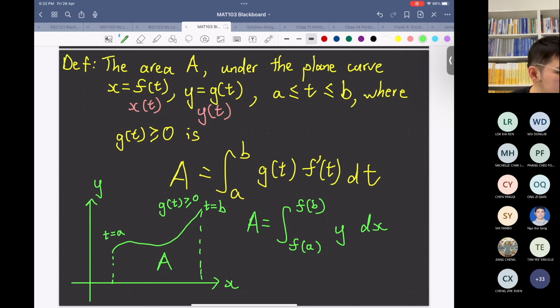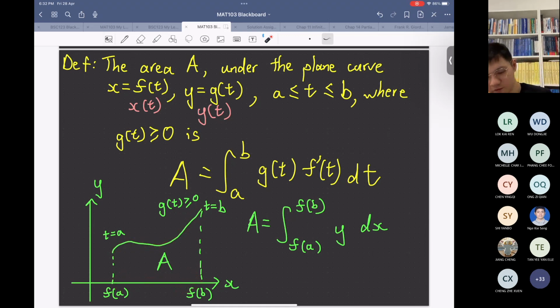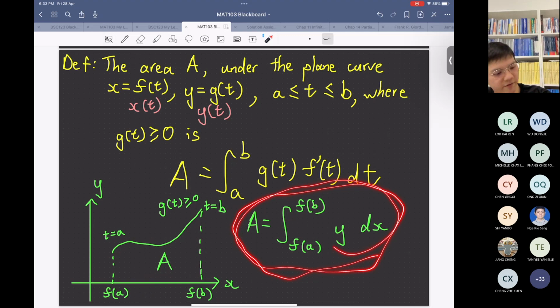Is that right? Am I doing something stupid? So where's f(a) and f(b)? Okay, remember our x is controlled by f. So the starting point is f(a), the ending point is f(b). So you integrate over this x interval, and then following the y over dx. I think this is the usual area under the graph, right?